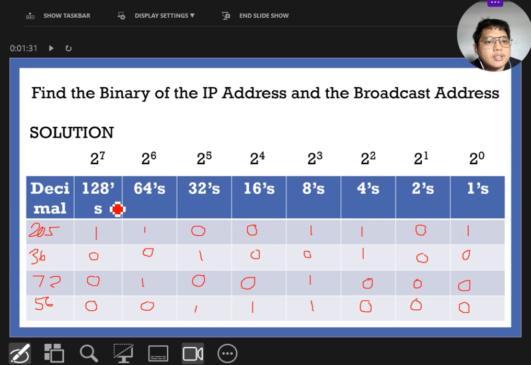So this is the binary value of our IP address 205.36.72.56.